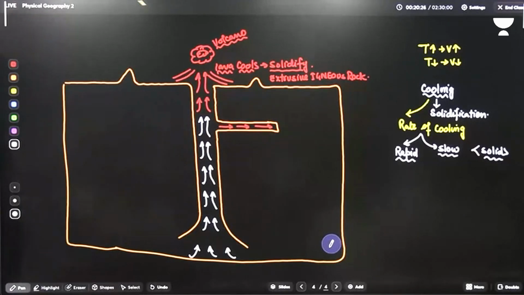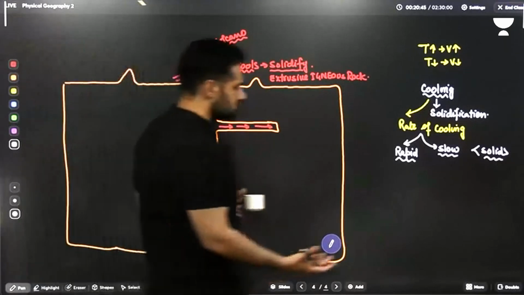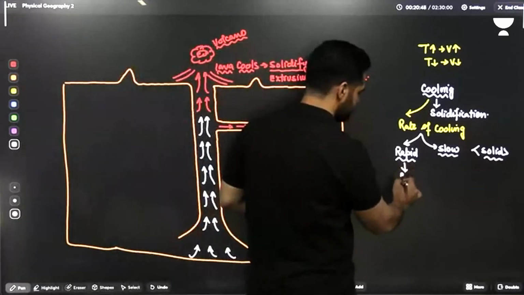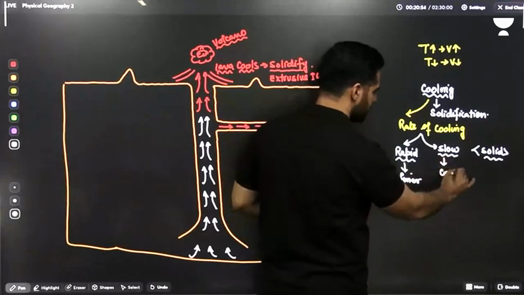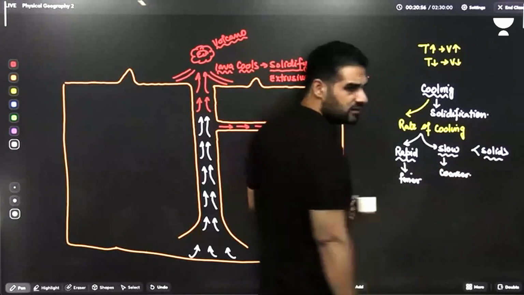Now can you tell me in both the cases, where will the size of the solid matter be coarser and where will it be finer? अगर रैपिड होगा what will be the size? आप बोलो, मैं लिख देता हूँ finer. If the rate of cooling will be slow, coarser. That means large. होगा ऐसा?